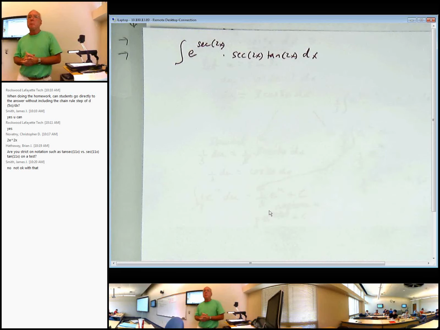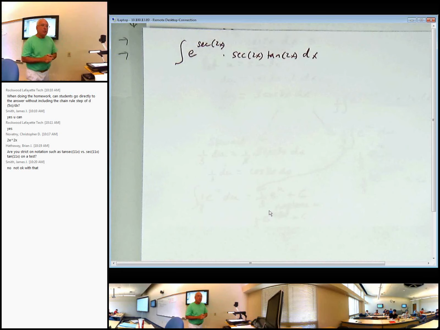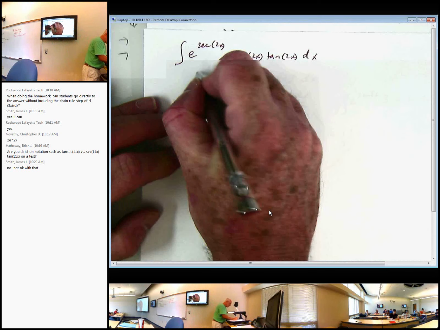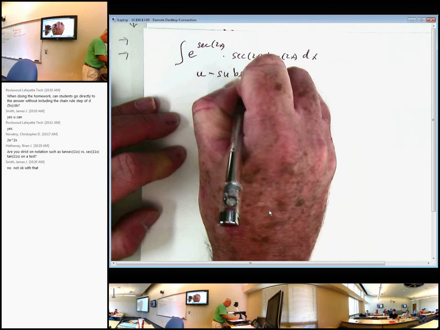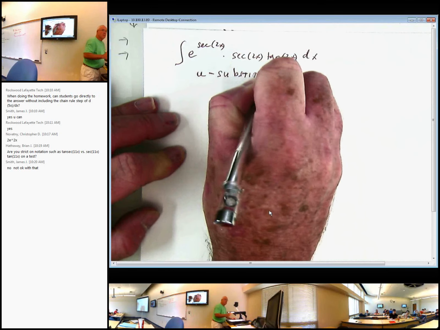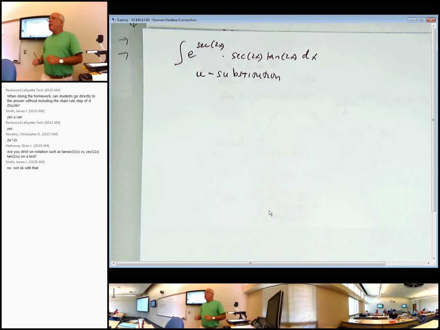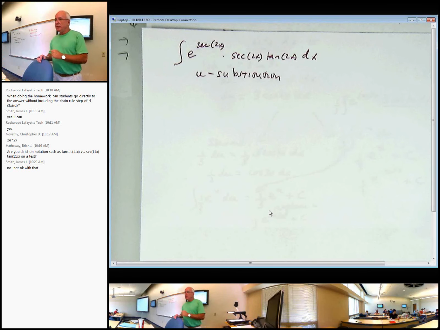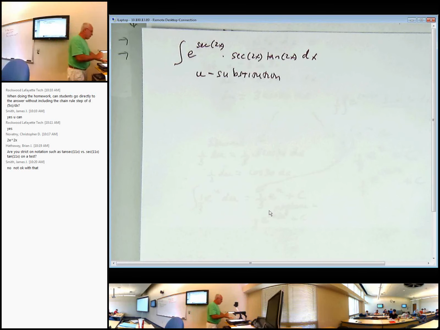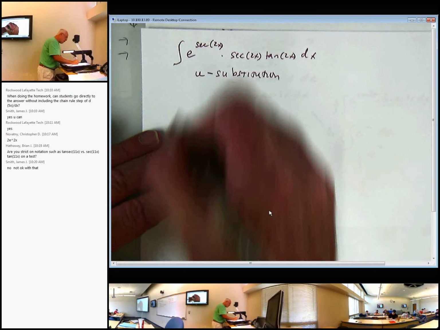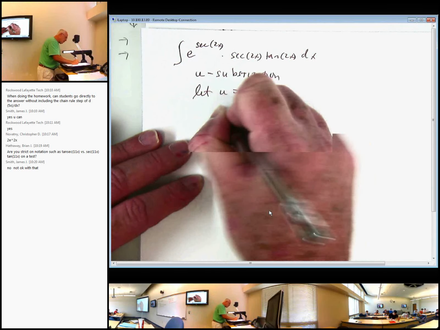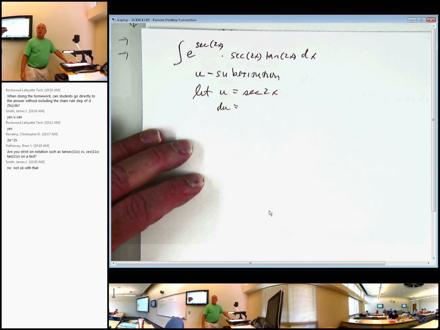All right. So again, we have to use a u substitution. So what am I going to want to select as my u? The secant of 2x. So let u equal the secant of 2x, and then we get the du, so we get the derivative.